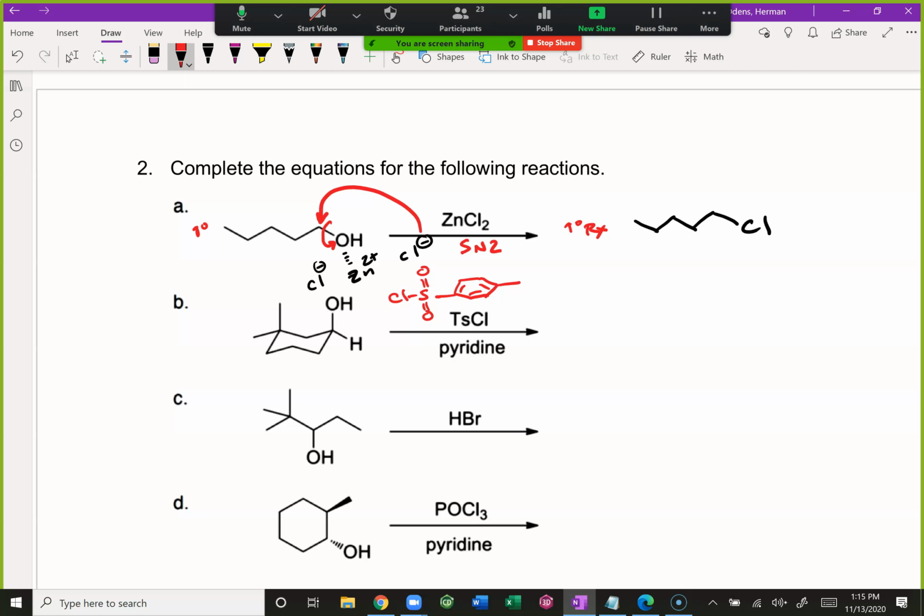It's simply a protection of an alcohol. We use that to convert the OH, which is a bad leaving group, into a good leaving group with the tosylate group. All right, check this out. This is the mode of the reaction. The lone pair from the oxygen goes and attacks the sulfur.